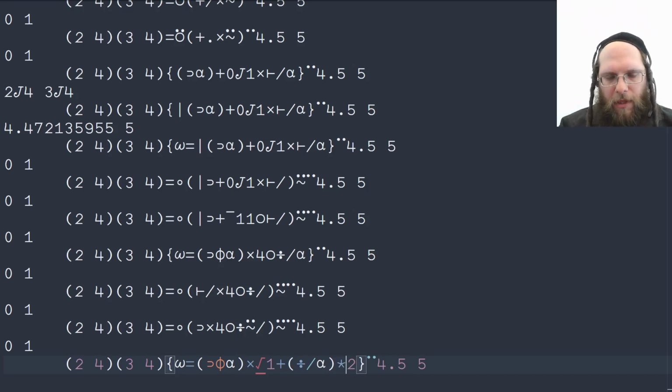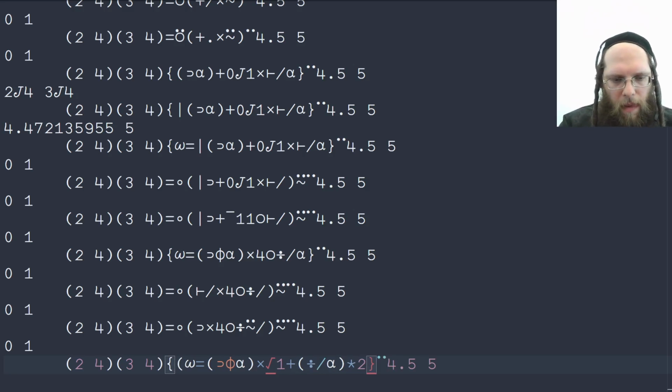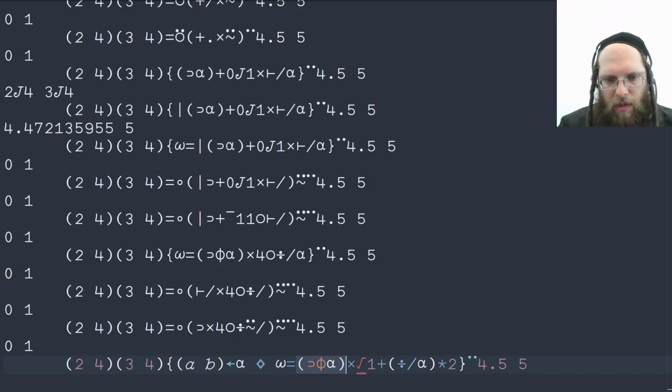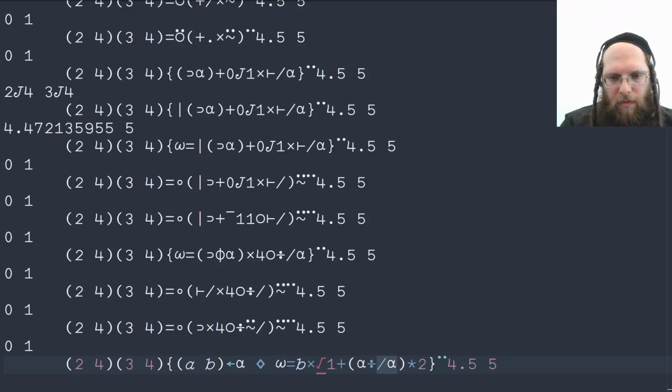This is going to be a little bit complicated using the elements of the left argument, so let's give them names, A and B. Now the last one is B, and the fraction formed by them is just A divided by B.